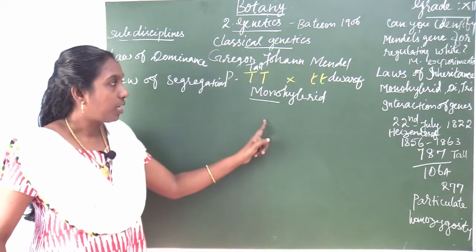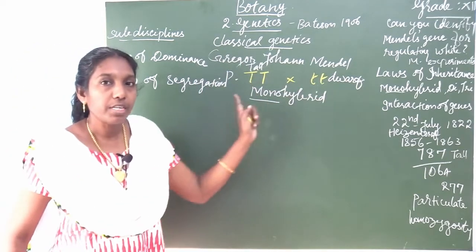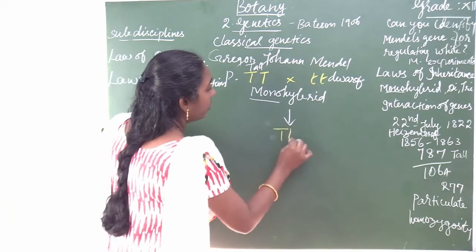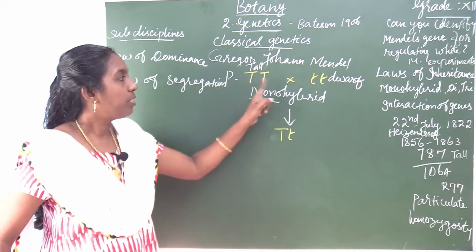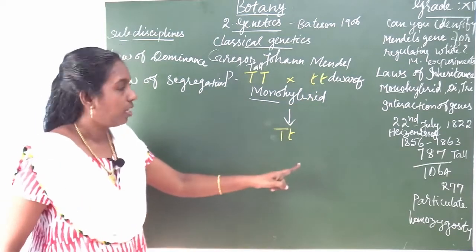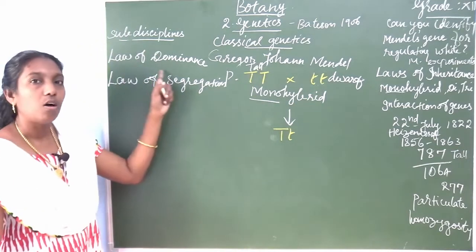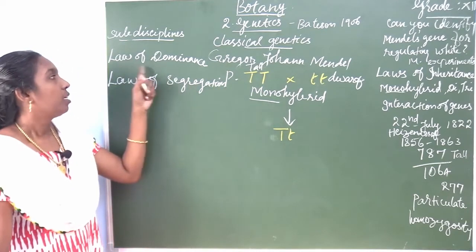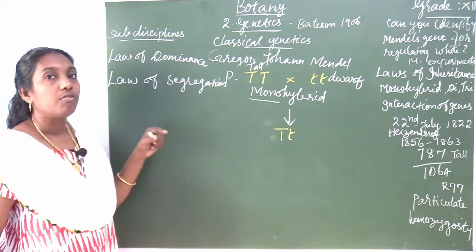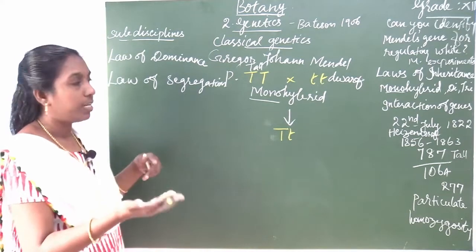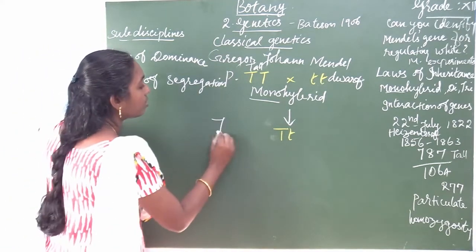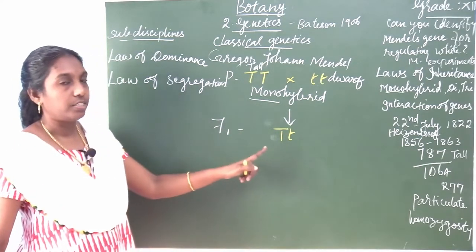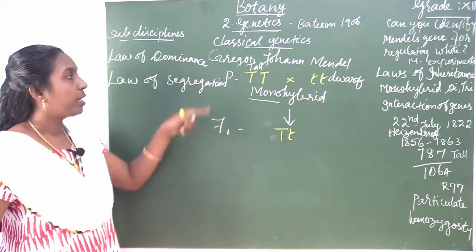In the F1 generation, when you make a cross between these two, it produces a hybrid that shows capital T and small t. According to the law of dominance, based on this theory of monohybrid cross, the dominant character will express in the first filial generation. The first generation is called the F1 generation, the first filial generation, which expresses the dominant characters.